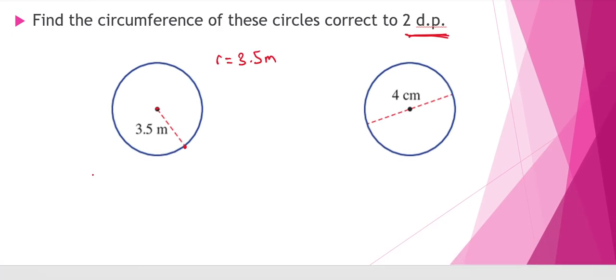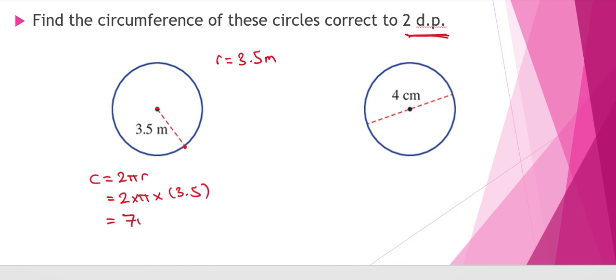So down here, I'll write c is equal to 2 pi r. Always start out by writing your formula that you plan on using. The next step is to substitute, aka replacing the letter or the symbol with a known value, okay? So I'm just going to write 2 times pi times r, which is 3.5.